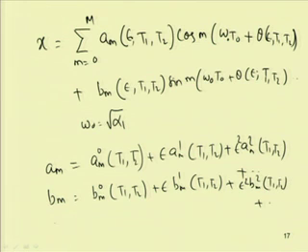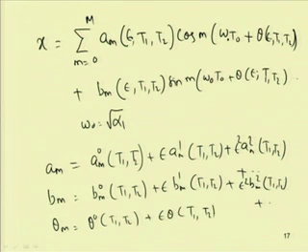Similarly, theta m can be written as theta 0 T1 T2 plus epsilon theta 1 T1 T2 plus epsilon square theta 2 T1 T2. So, in this way we have written this Am, Bm and theta m by using this bookkeeping parameter epsilon.